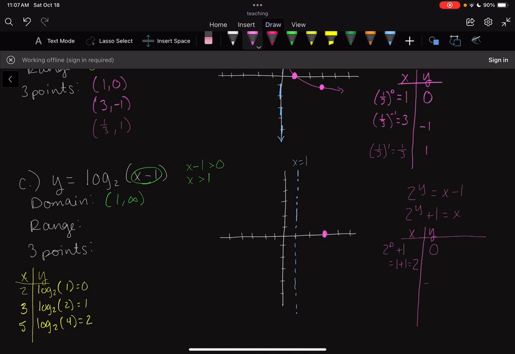If I plug in negative 1, I get 2 to the power of negative 1 plus 1. So that's going to be 1.5. So I get 1.5, negative 1, so that's here. See, I couldn't really get that one when I plugged in as the logarithm.